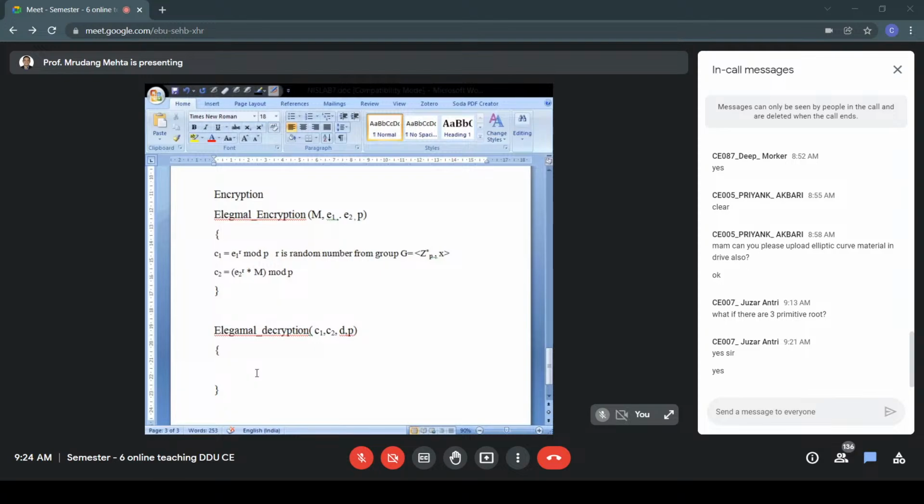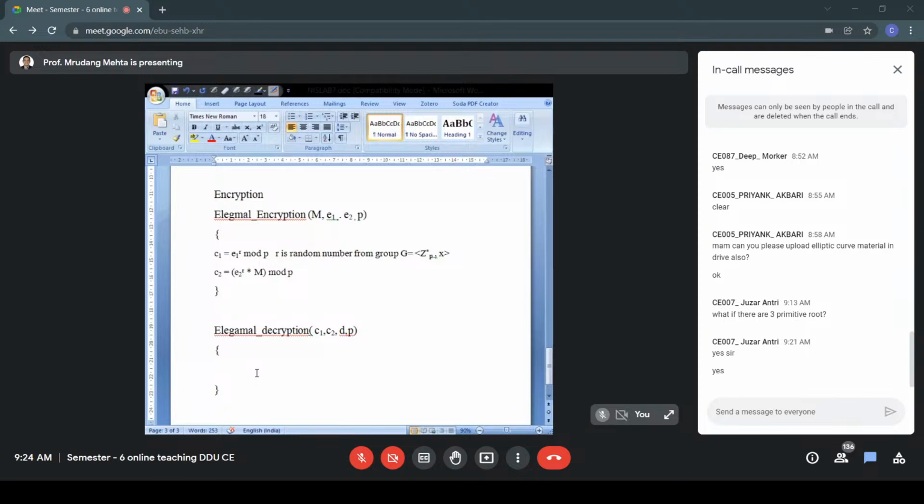We will not only take the inverse, we will take the multiplicative inverse, with the same concept.